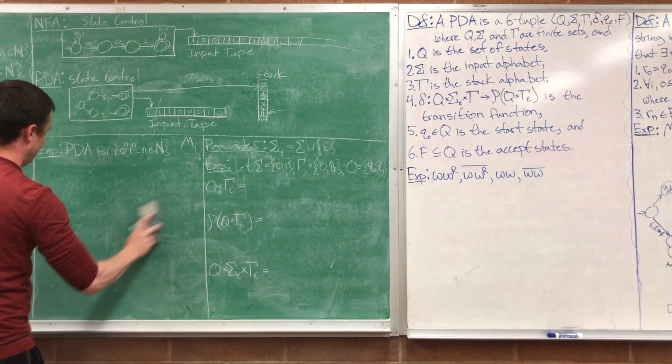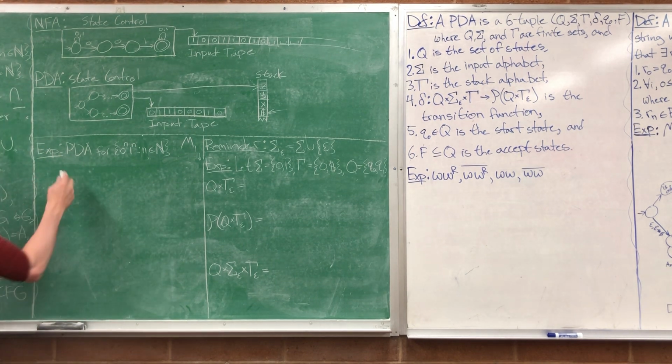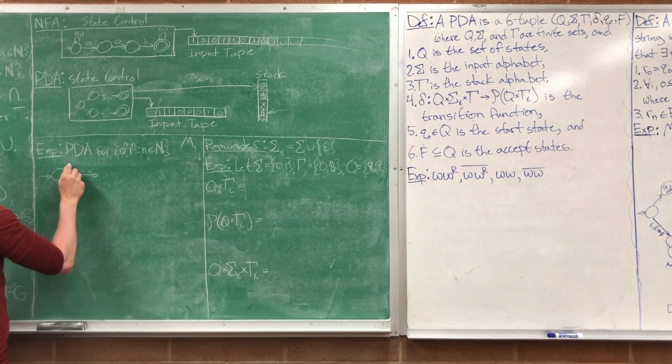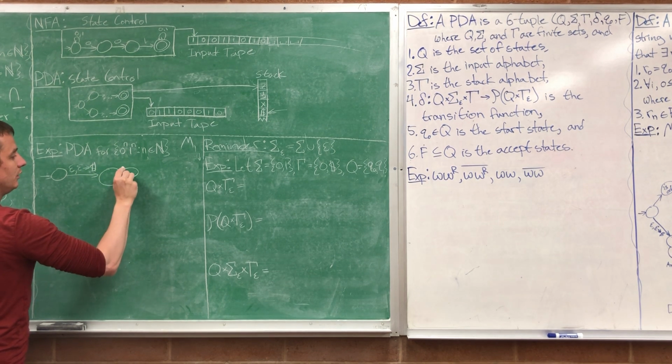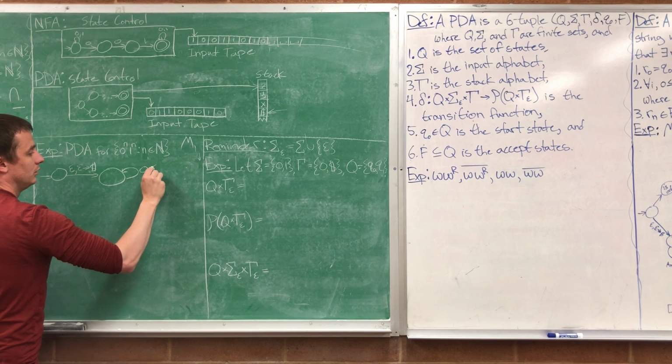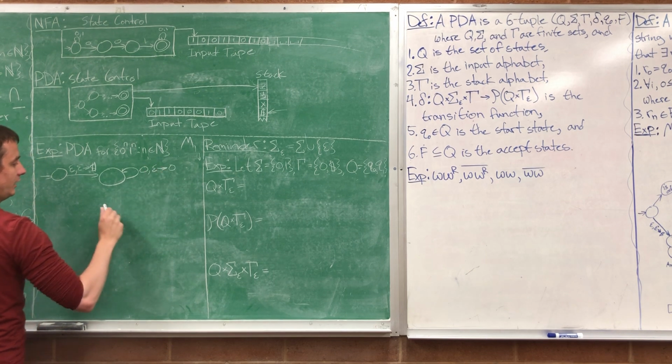Maybe I'll write this one again smaller as a reference, and then we'll see if you can walk me through this next one. Here, we put the $ sign on top of the stack. Once we got here, every time we read a 0, we pushed a 0 onto the stack.